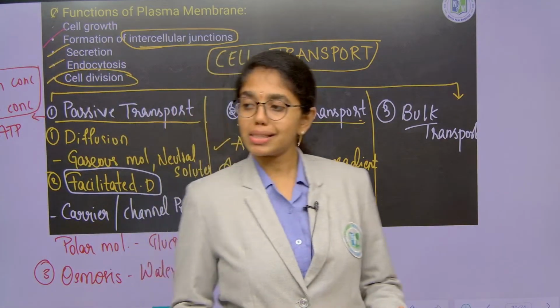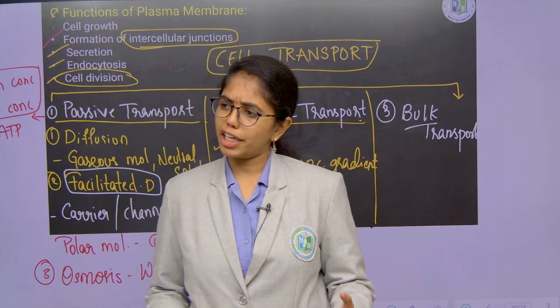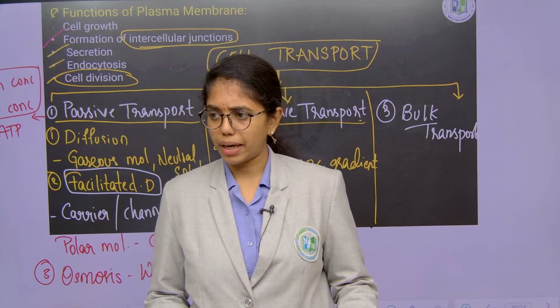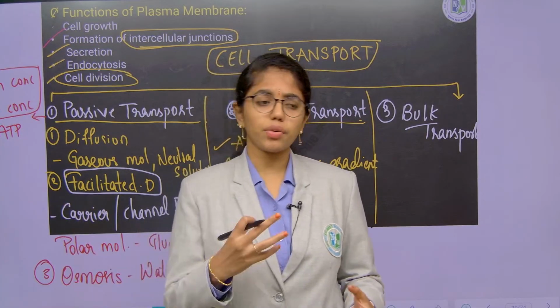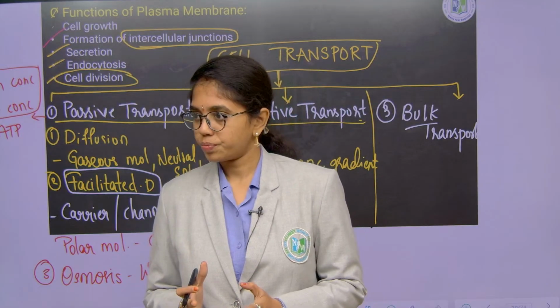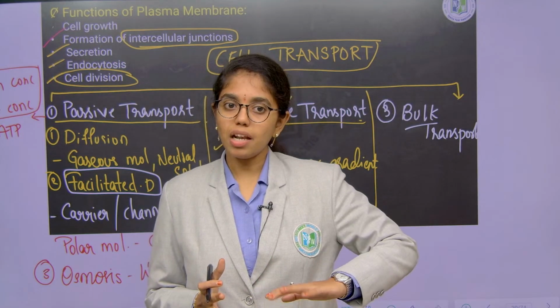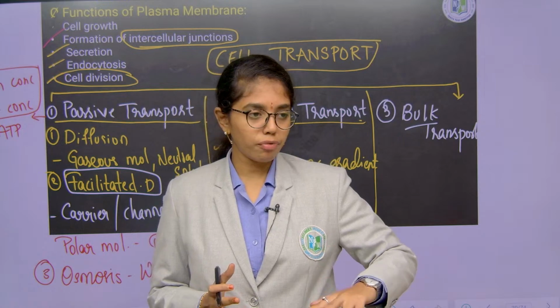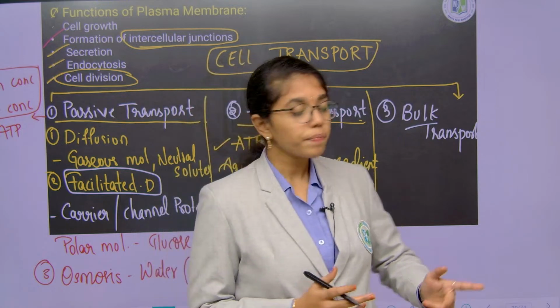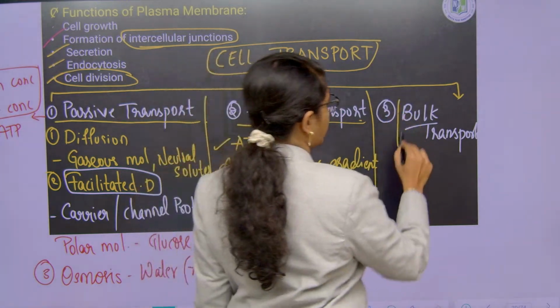Next is bulk transport. Bulk transport is when any molecules, mostly liquid molecules or solid particles, are getting transported in bulk into the cell or out of the cell. It can be influx or efflux. That is known as bulk transport.